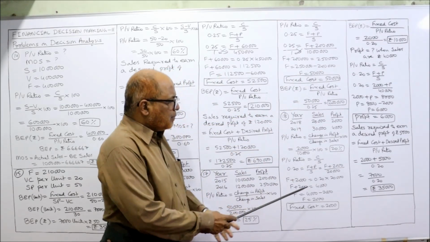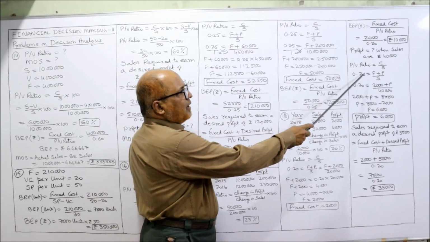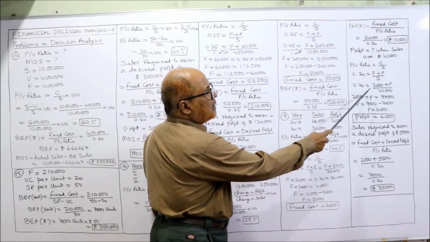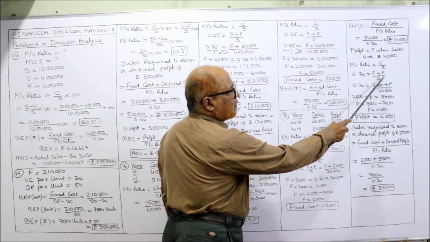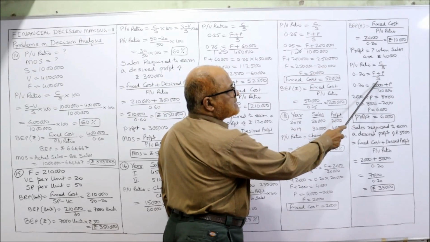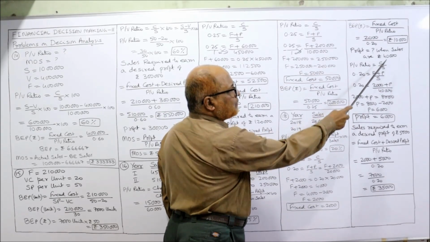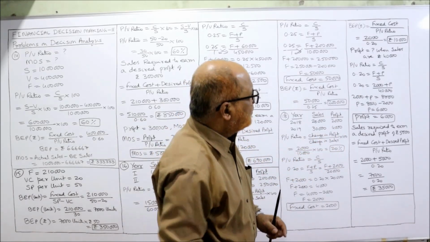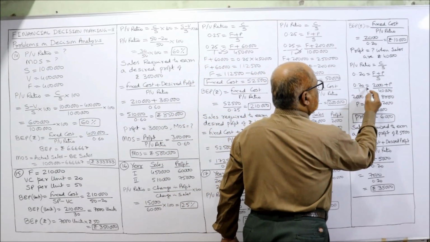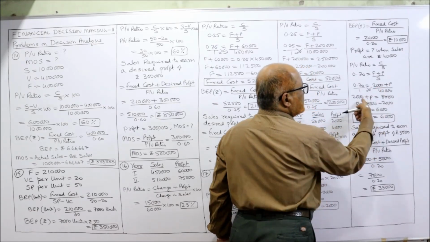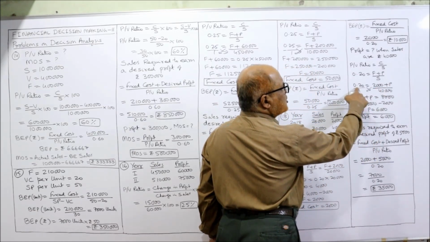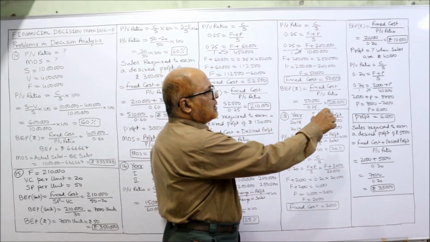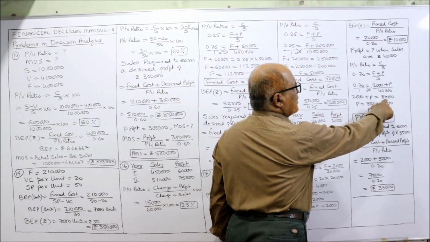So PV ratio 0.20. F, fixed cost. How much is the fixed cost? 2,000. Plus profit, we don't know the profit, we have to find out the profit. How much are the sales? Sales are 40,000. So in place of sales, 40,000. Now cross multiplication. 2,000 plus P is equal to 0.2 into 40,000. 0.2 into 40,000 you get, oh sorry, 8,000.